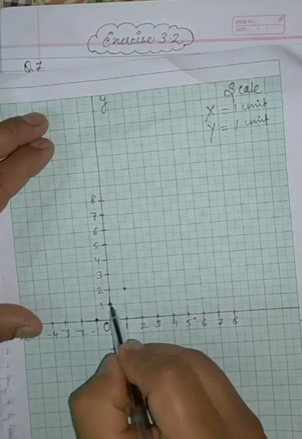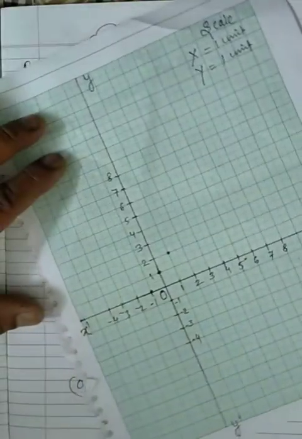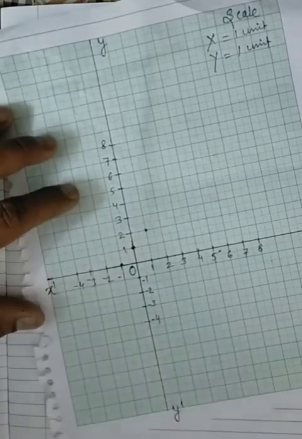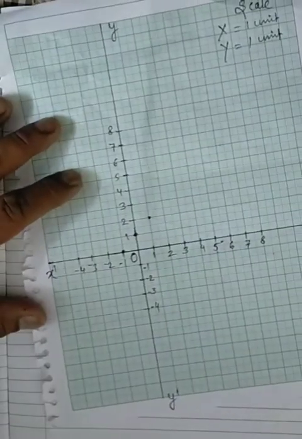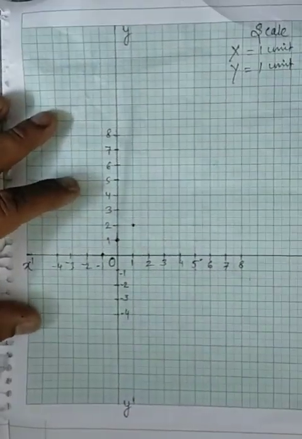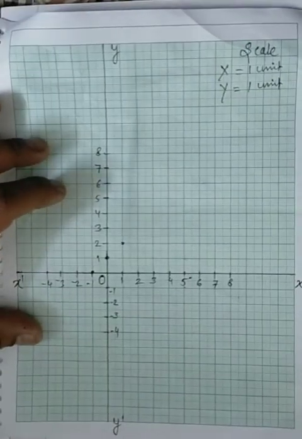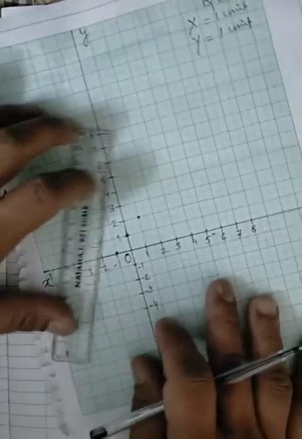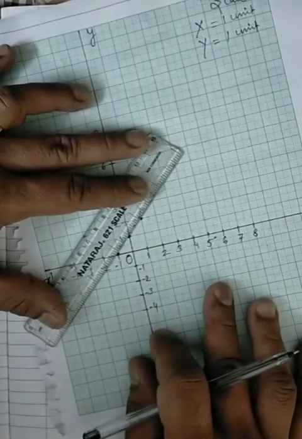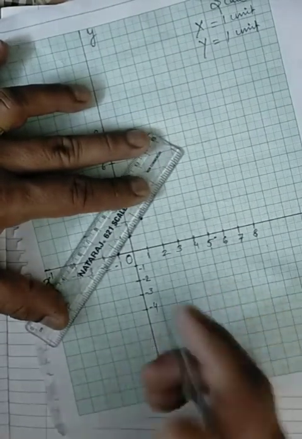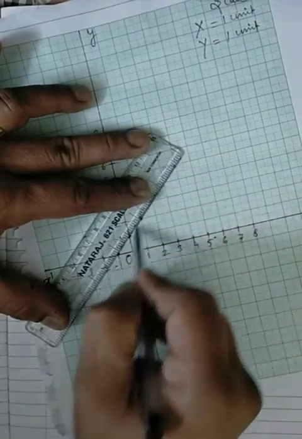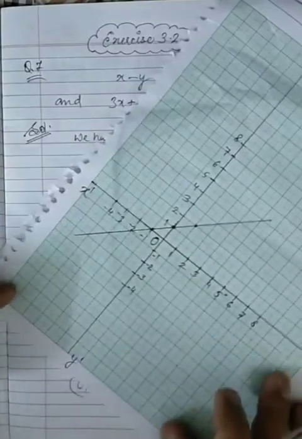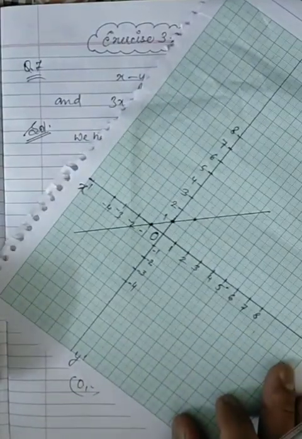So these are the 3 points for our first line. Let us join them.